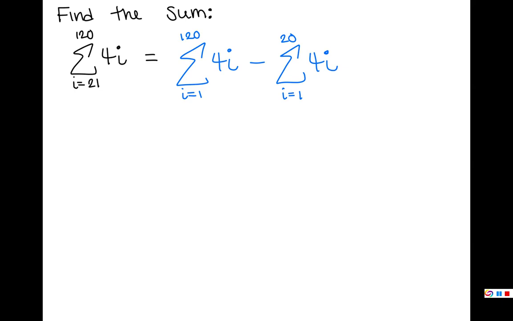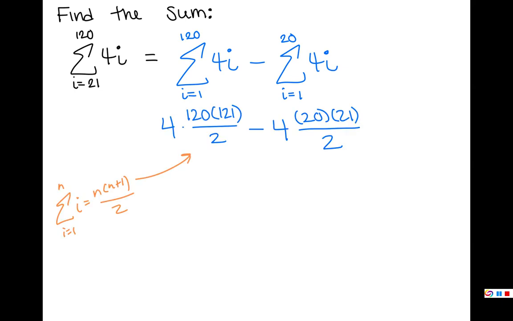So then I have to remove or subtract those extra numbers, and 1 through 20 are my extra numbers. So I'll add from 1 to 120, and then I'll subtract the sum from 1 to 20, and I'll be left with 21 to 120. So I'm just going to have to use my formula twice.